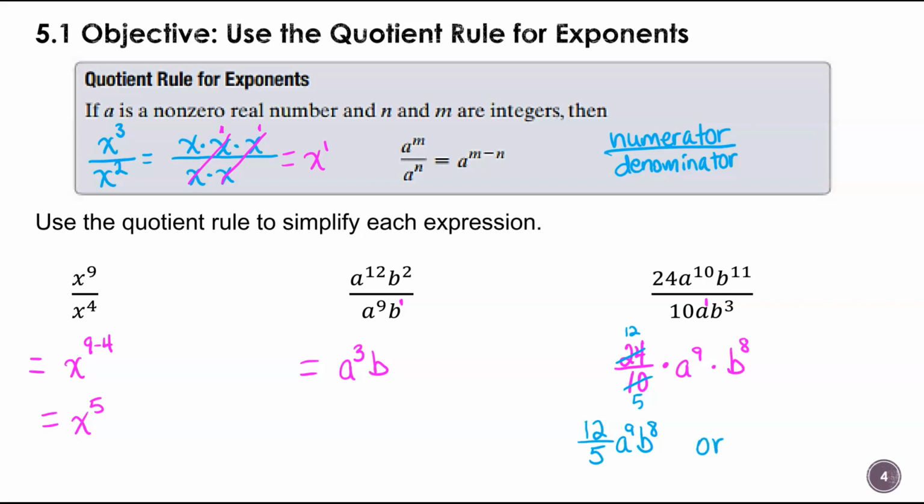Or I can write it as 12 a to the 9th b to the 8th over 5. And then that's it. Okay, put it a little bit lower. All right, so that is it for that one. You just kind of work with these on how you need to: numbers with numbers, my a's and my b's.